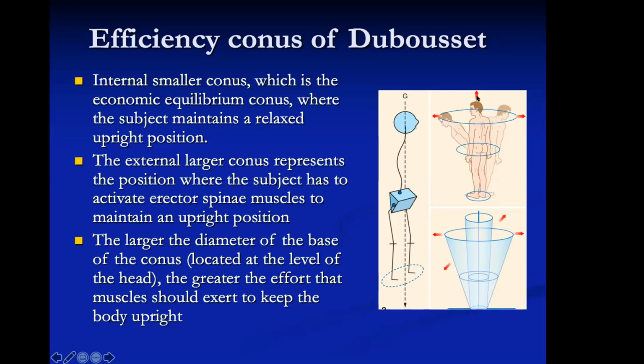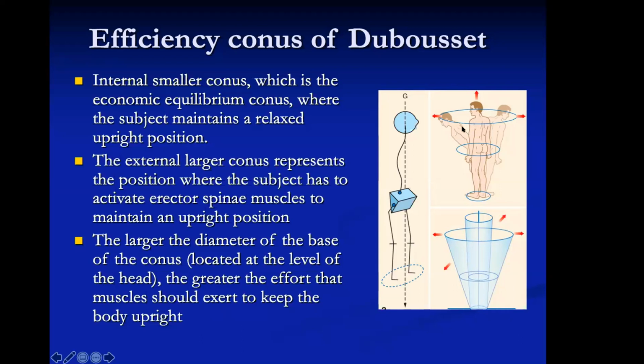When you're standing straight, imagine two cones around you. If you tend to lean towards the outer cone and walk, you'll be spending more energy compared to a situation where you are in the inner cone.